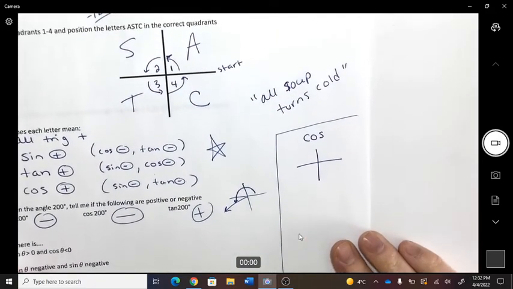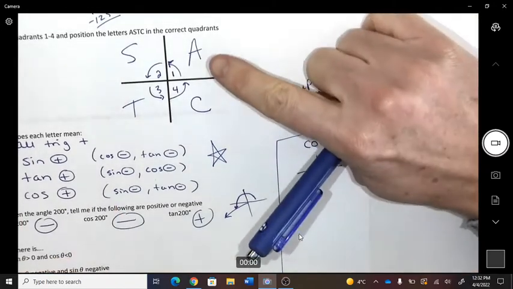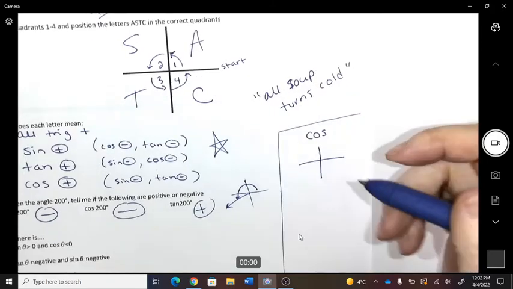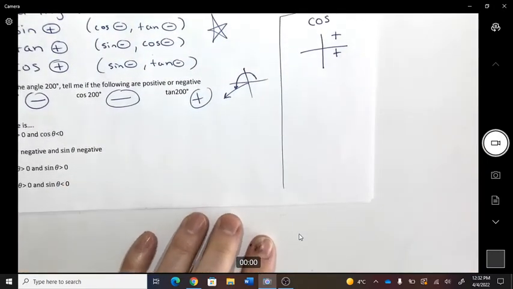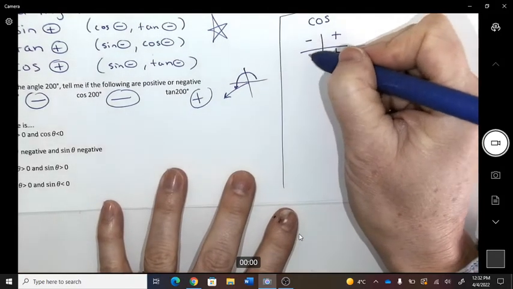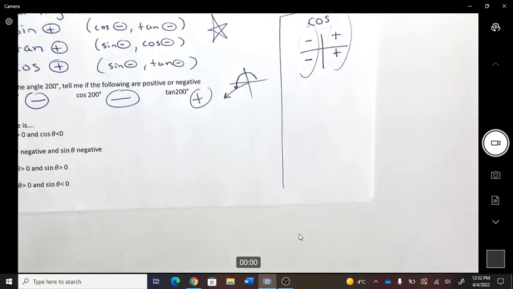Where is cos positive? In the all, it's positive, and in the C. So where is cos negative? On the left. So cos splits left and right.